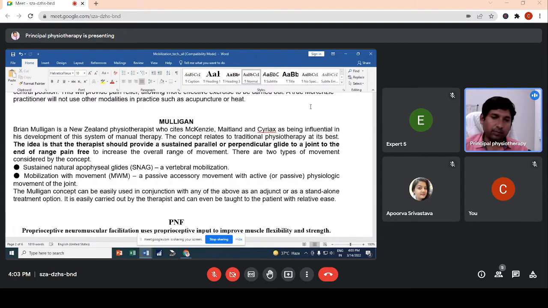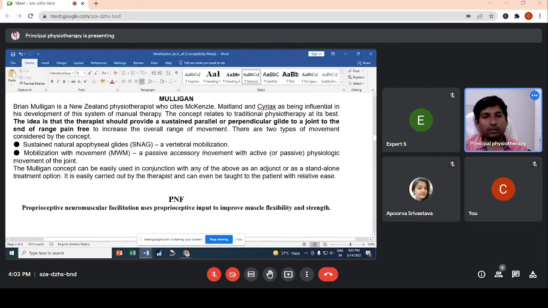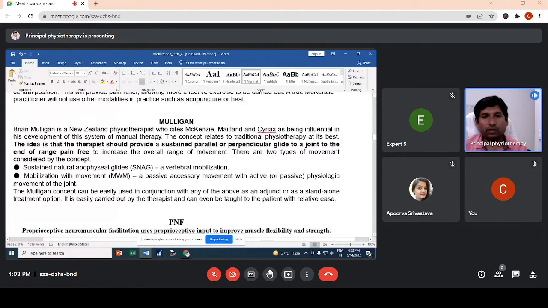This is known as MWM. MWM technique we apply in peripheral joints like the shoulder joint and knee joints, where the movement is restricted, and it provides orthokinematics in movement in the joint and simultaneously the patient has to do active movements. This form of treatment technique is known as Mulligan technique.